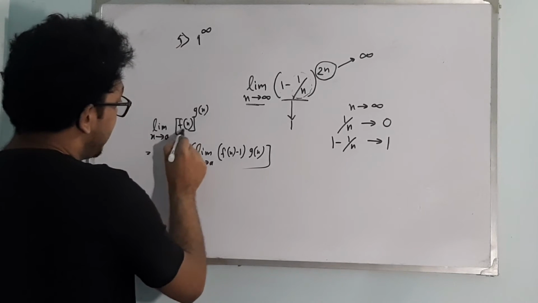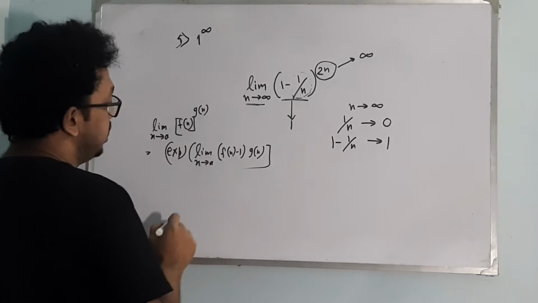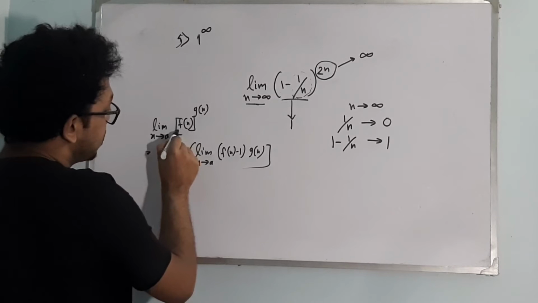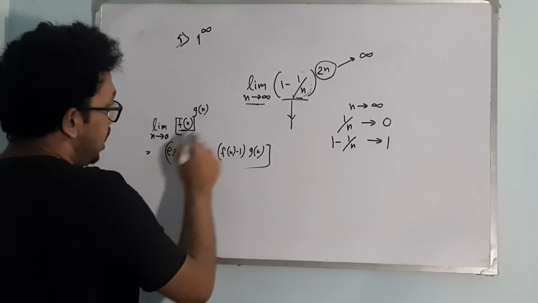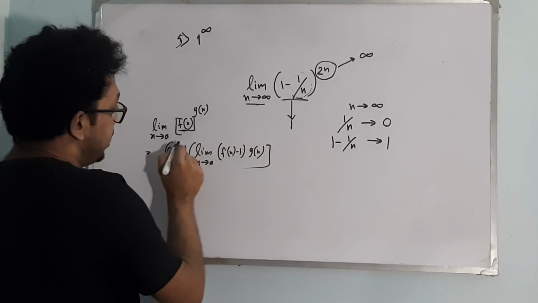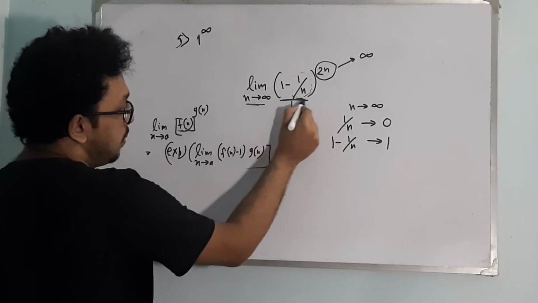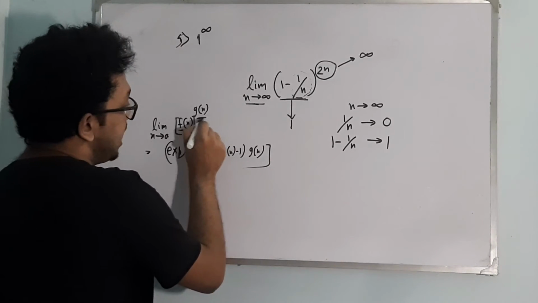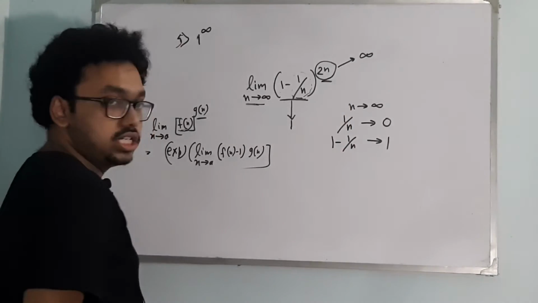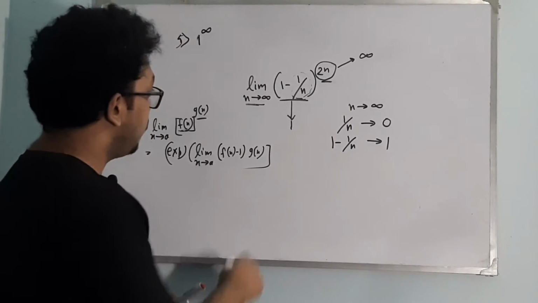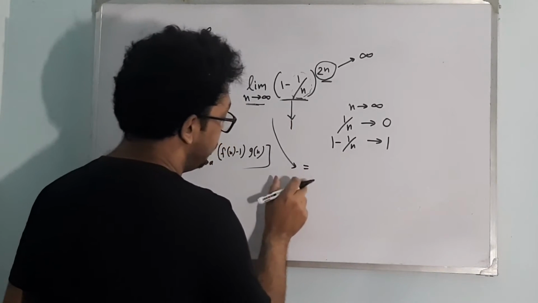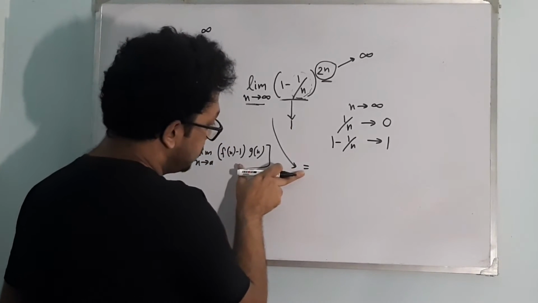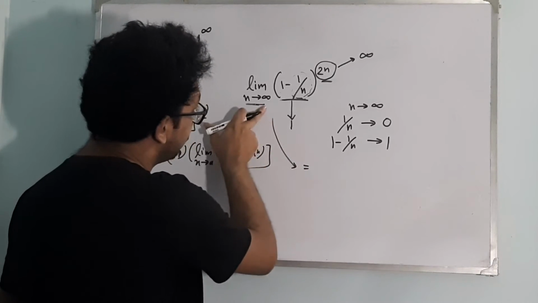If you compare this generalized form with this, you will see that here the function was written in terms of x, but here it is in terms of n. But if you try to make an equivalence, you observe that f(x) is 1 minus 1 by n and g(x) in this case is nothing but twice n.